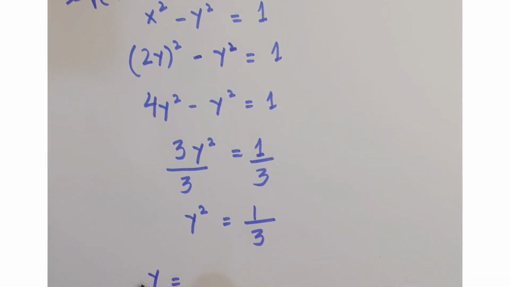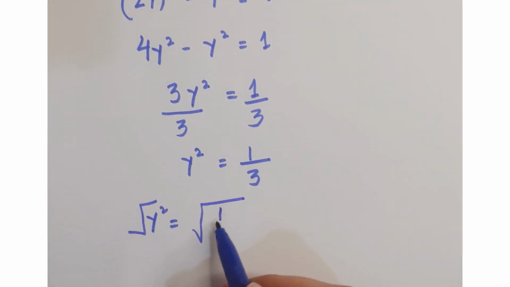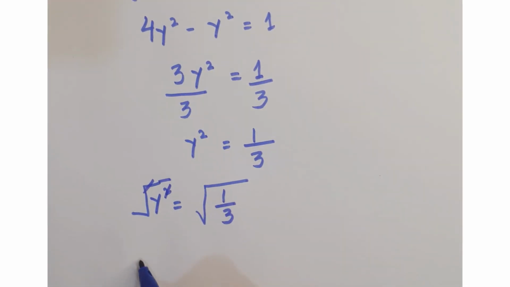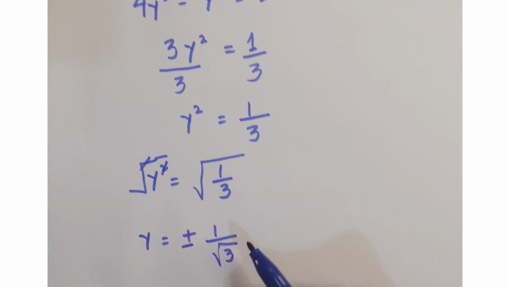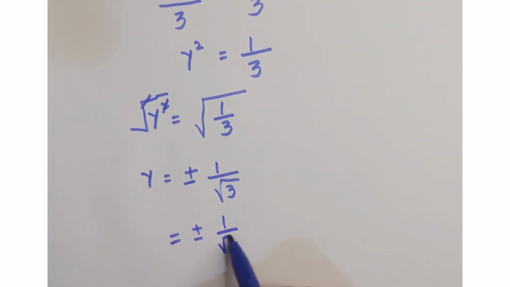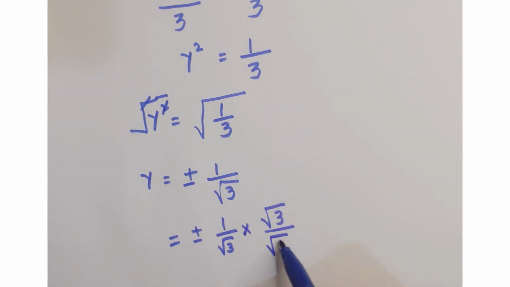Now in order to calculate y, just take root on both sides. So this square and this root get cancelled. So y is equals to plus minus 1 upon under root 3. Now in order to rationalize it, we are going to divide and multiply it with under root 3.